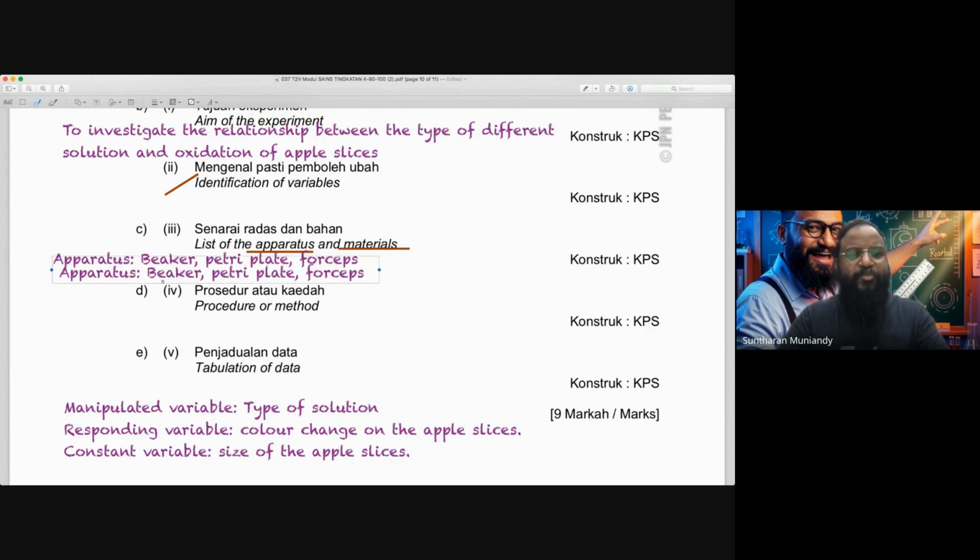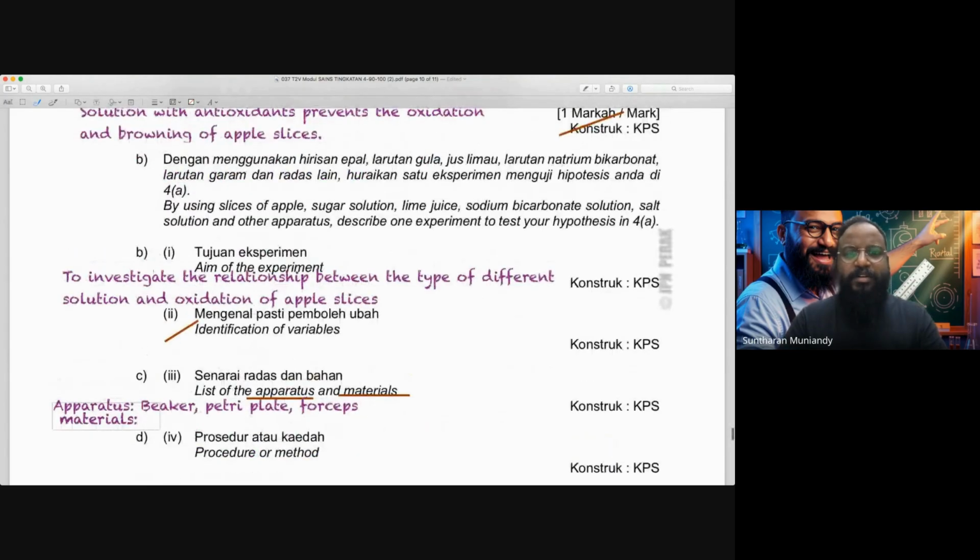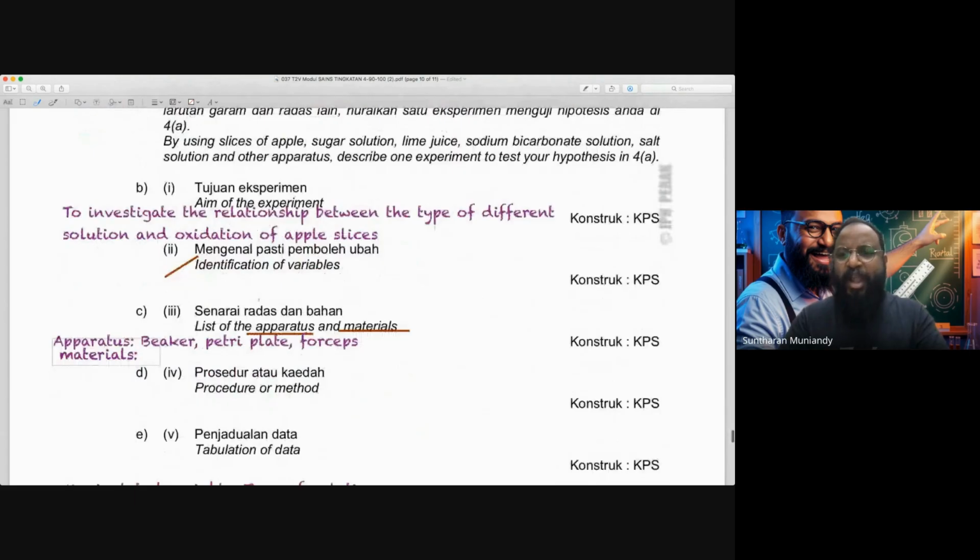Next one, I go for materials. Materials, you write down all the solutions now. What are the solutions that they want you to use earlier? See, sugar solution, lime juice, even your apple slices are materials. Apple slices, sugar solution, lime juice.